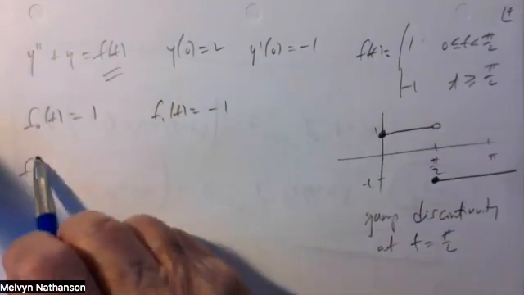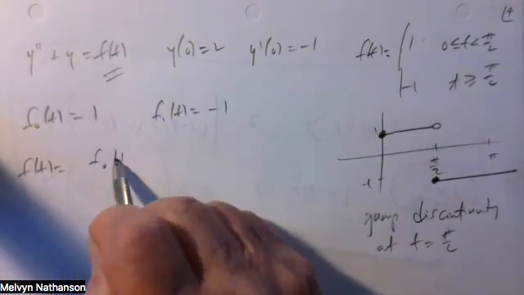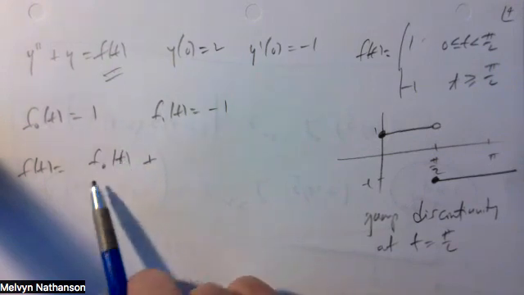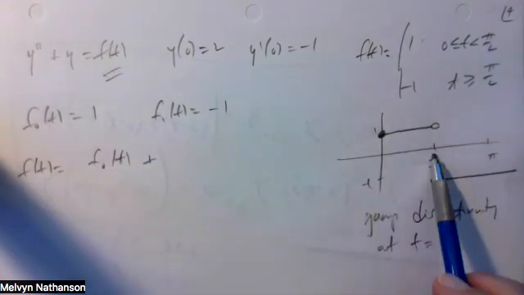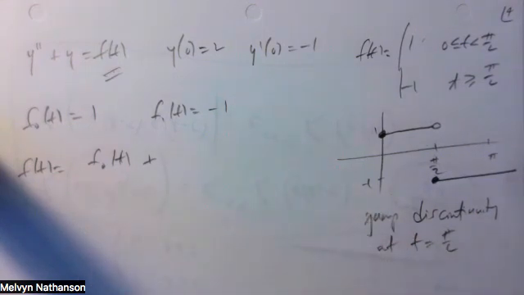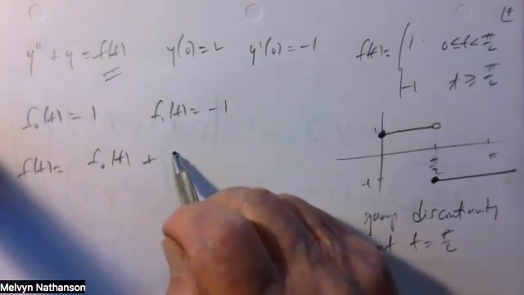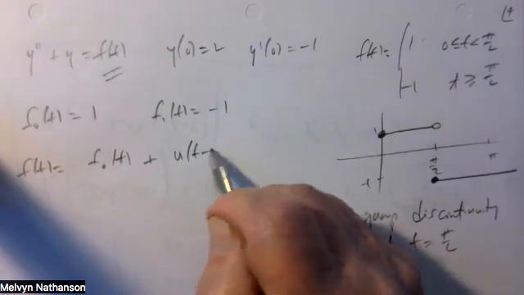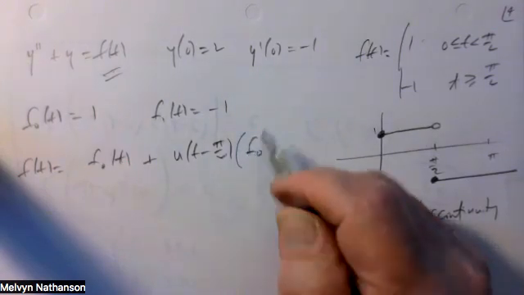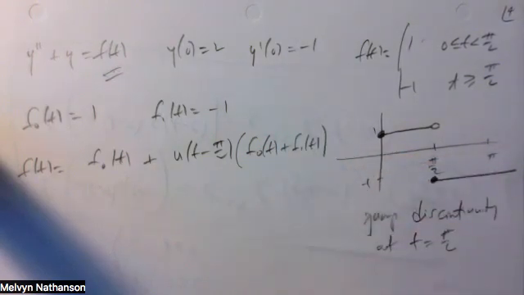Then this f of t I can write like this. It's equal to f0 of t, which is correct for t between 0 and pi over 2, and then after pi over 2, it becomes f1 of t. So I can write this as f0 of t plus u of t minus pi over 2 times f1 of t minus f0 of t.